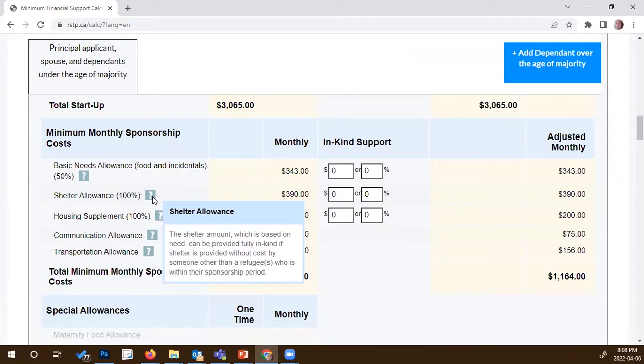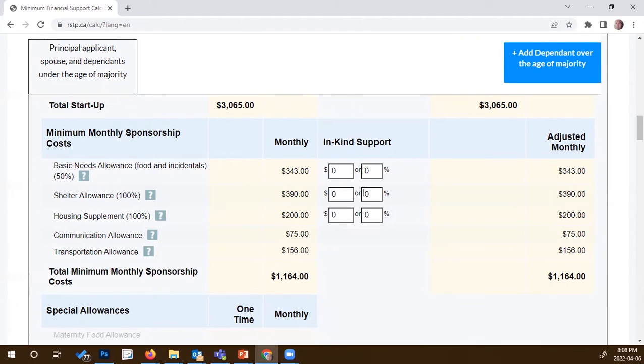So let's say that this refugee is going to be living with their brother who has signed the undertaking document as a co-sponsor, and they are not going to be charged any rent. So we can deduct this by 100%. And when I hit enter, you'll notice that it also makes the deduction for the housing supplement amount.